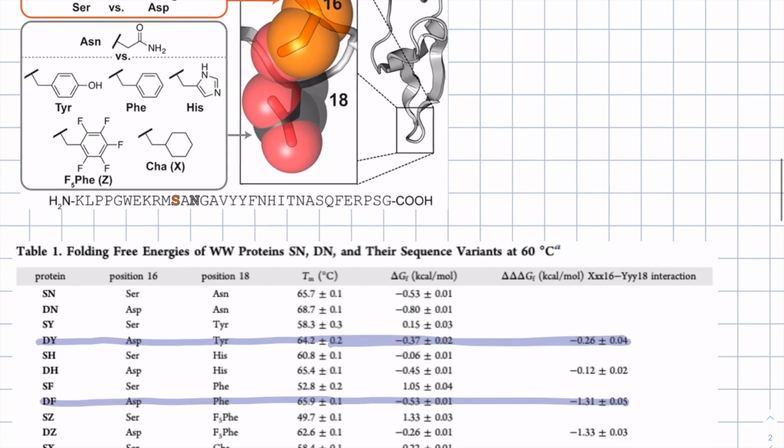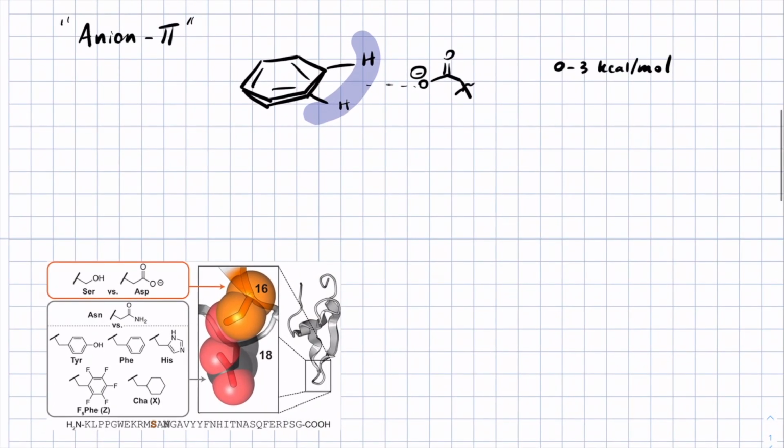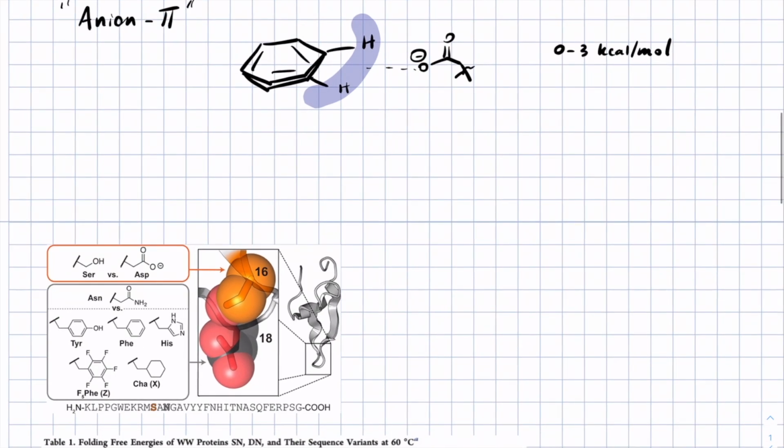And we wondered what the nature of this interaction was. Ideally, you would think, based on what we've just talked about, that the negative charge would have to be interacting with the edge of the ring. And so we thought, what if we switch the electron density of the ring such that the edge of the ring is now electron rich?